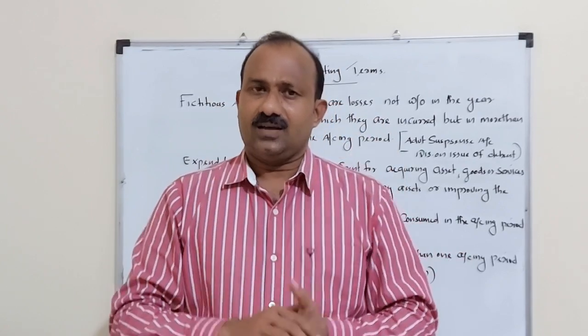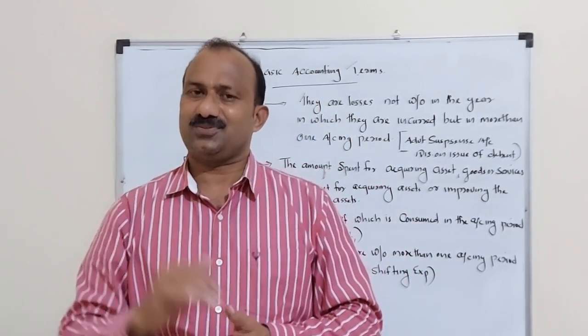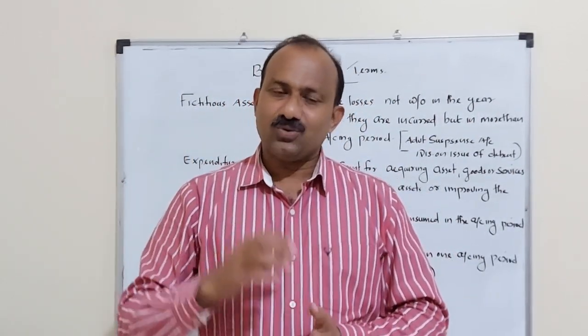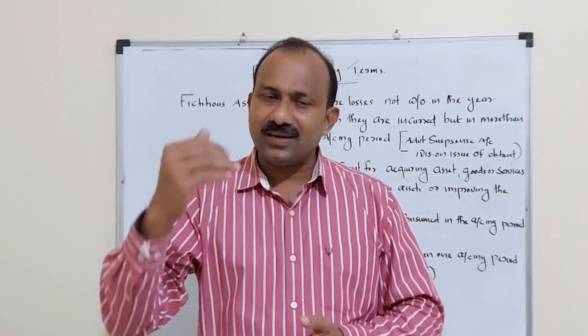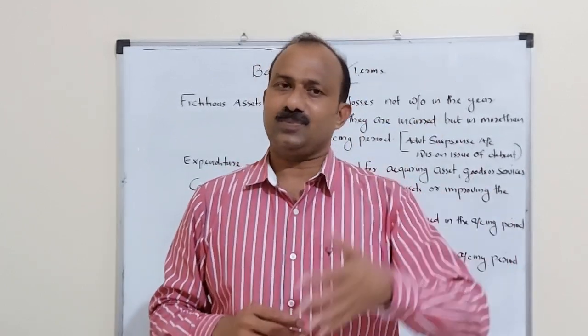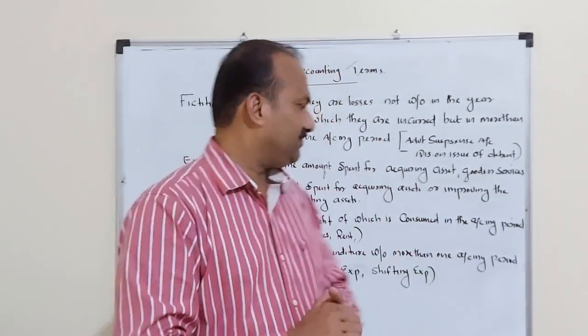Same way we can say an organization requires not only capital expenditure, but some other expenditures also. They have to run the business. They have to maintain the business. So in order to maintain or run the business, we have some frequent expenses, repeating nature expenses. They are known as revenue expenditure.